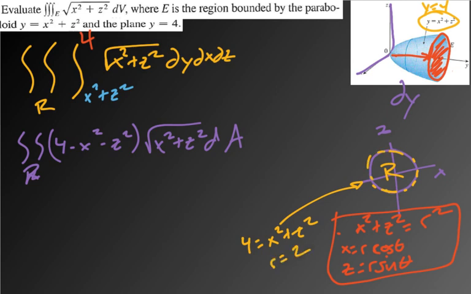So now I can actually go back to my double integral and plug in everything. So we got a full circle, 0 to 2 pi. We've got a radius of 0 out to 2, and that's going to be doing this whole circle in there. And then we got a 4 minus r squared, and then times the square root of r squared, which is an r.